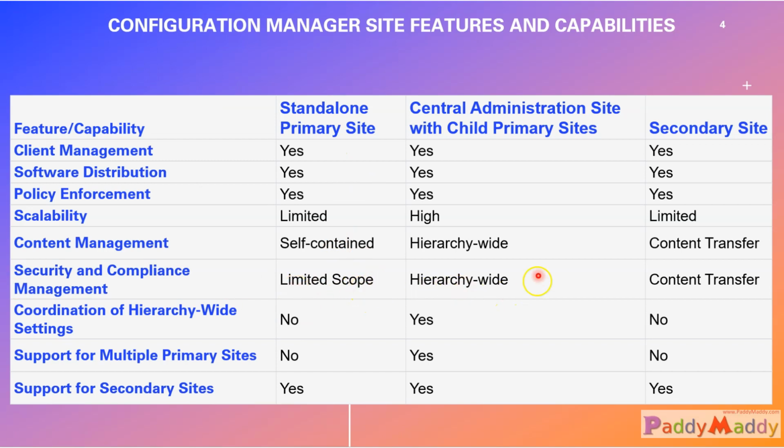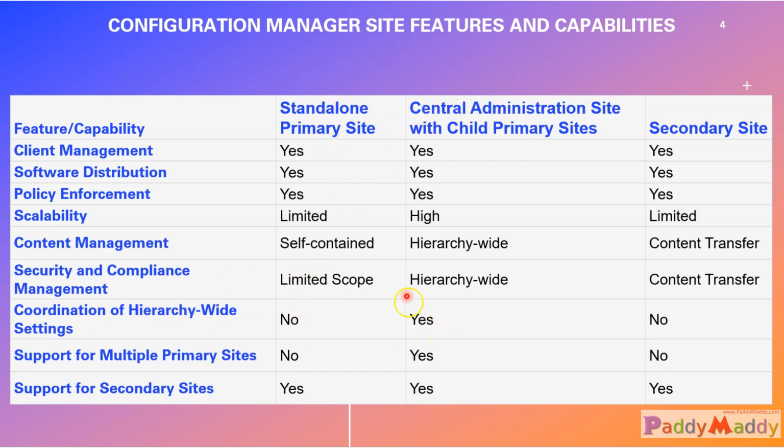So it's limited, and hierarchy-wide can be done with the CAS, and only content can be transferred. As I said, secondary is mostly for the content, right? And so when we look at the coordination of hierarchy-wide settings, no, you cannot do it on a standalone primary, definitely, because when we talk about hierarchy, it's just the standalone, right?